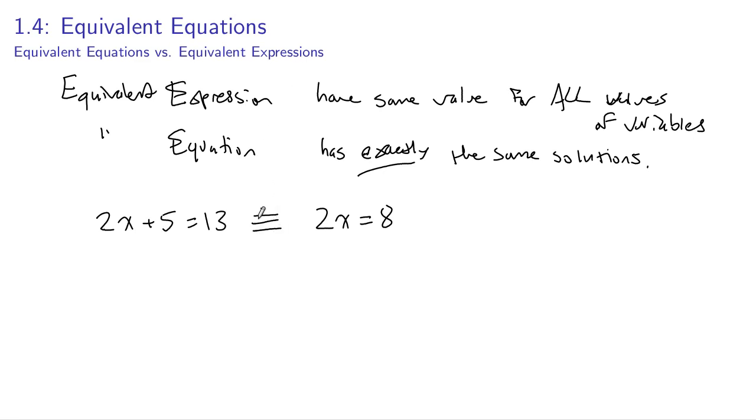And we can use this triple bar for equivalence. And with equations, you might find it even more visually identifiable to use this double barred arrow, which represents if and only if, or equivalence. So it's this thick double arrow.